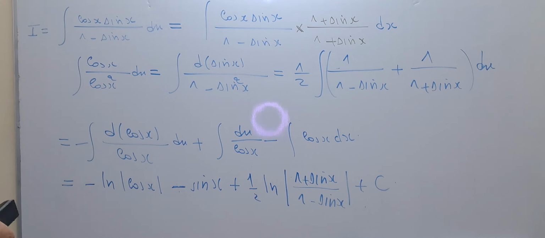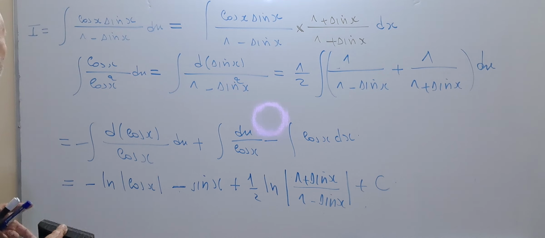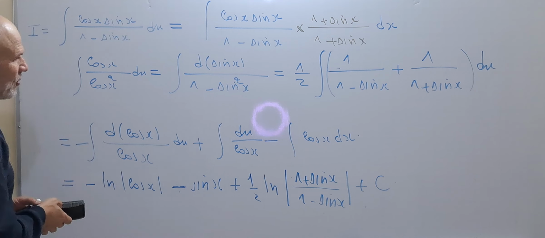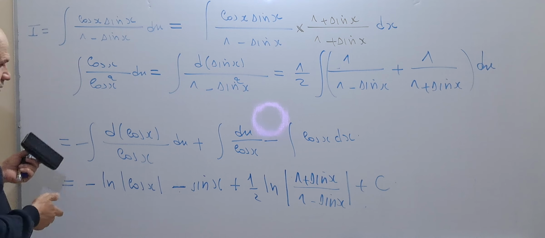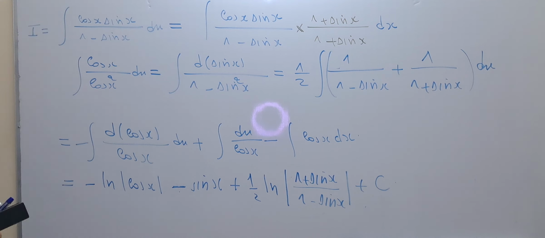This is the fourth. Do we have a fifth? Yes, I think so. We can, for example, just a joke, take sine x equal to t, and we can find, using the same technique, the final result, the primitive. I think that this is all for today.